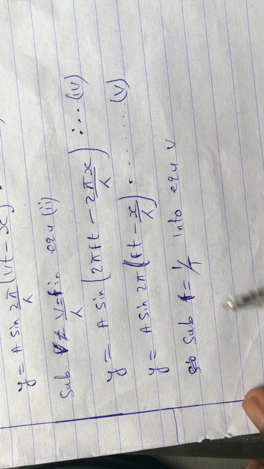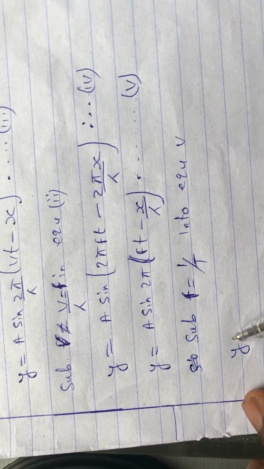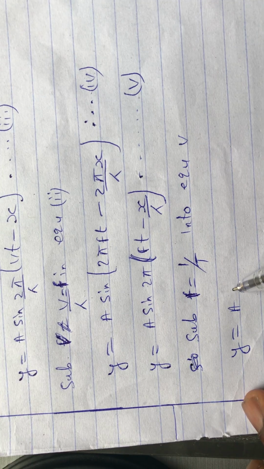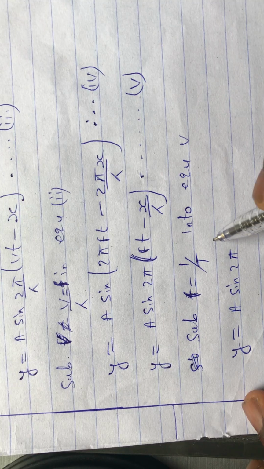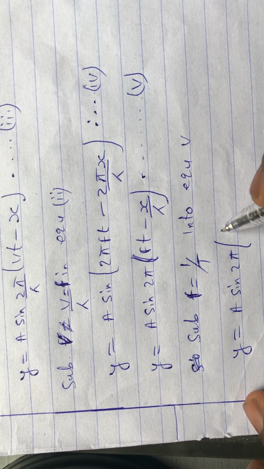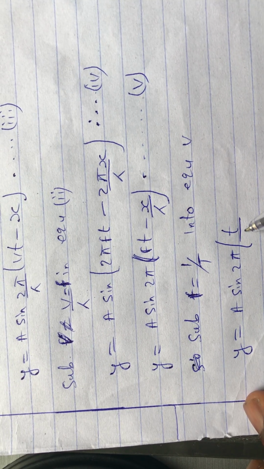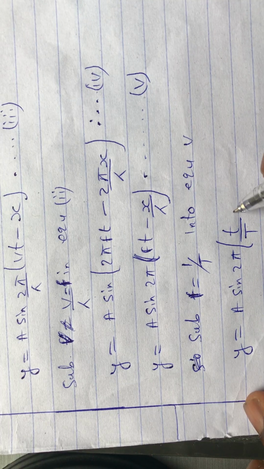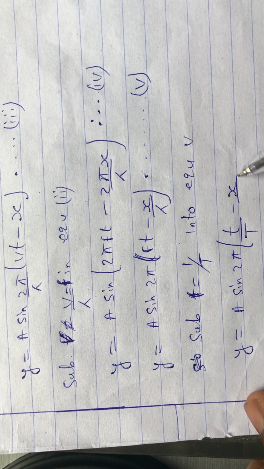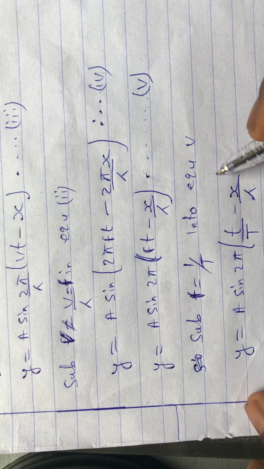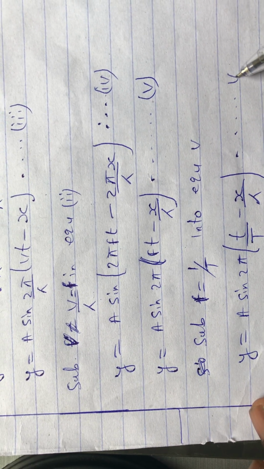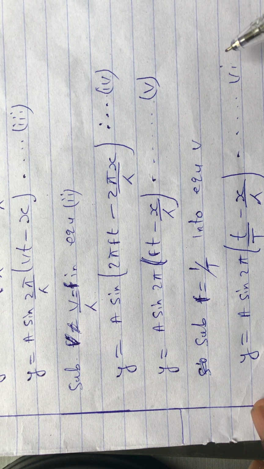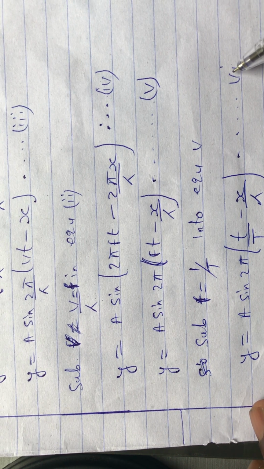What are we going to have? We have y equals a sine 2 pi bracket small letter t all over capital letter T minus x all over lambda close bracket. This is our equation 6, which is VI.